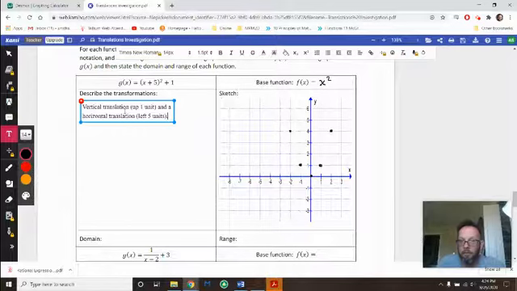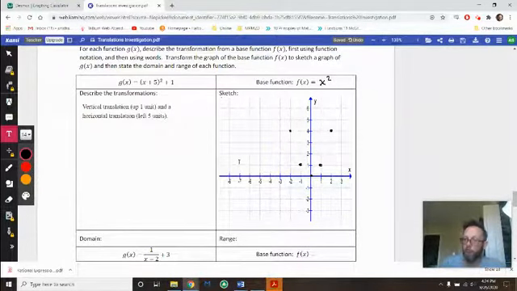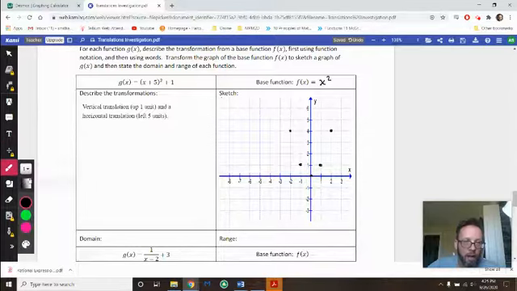So sometimes it might be visually helpful to do one of these at a time. However, with translations, it's often easier just to take each base point and do the horizontal shift and the vertical shift all at once. So let's take each of these points, and I'm going to get a new color here.